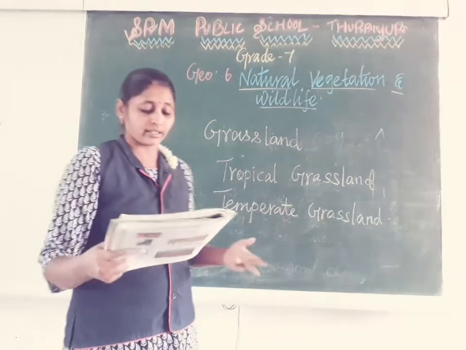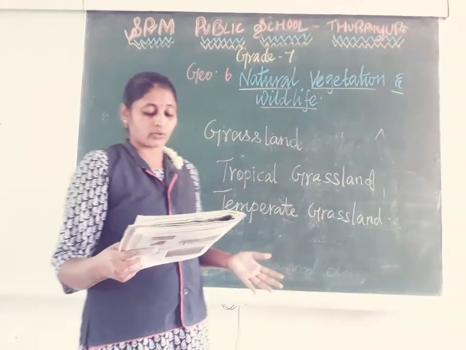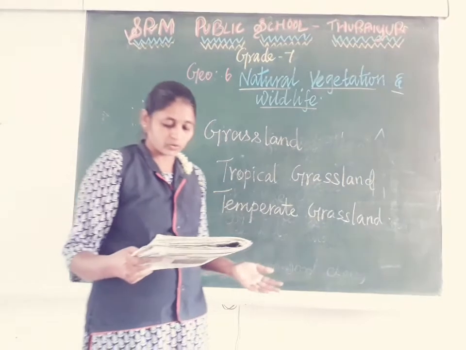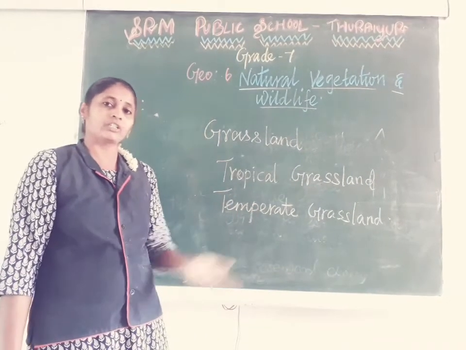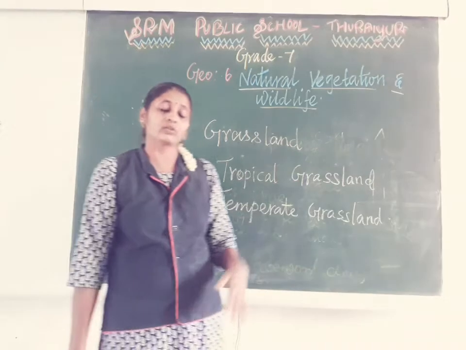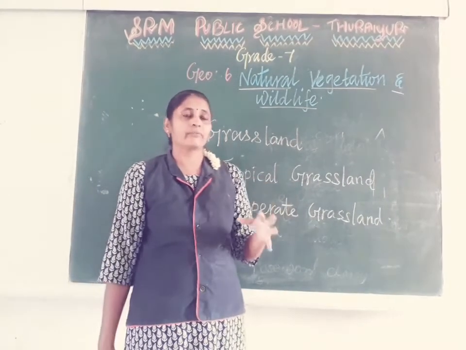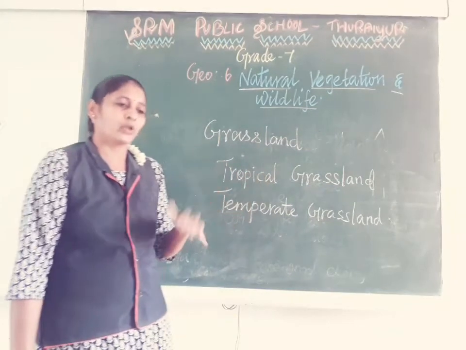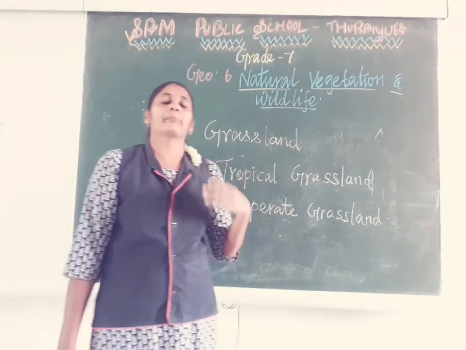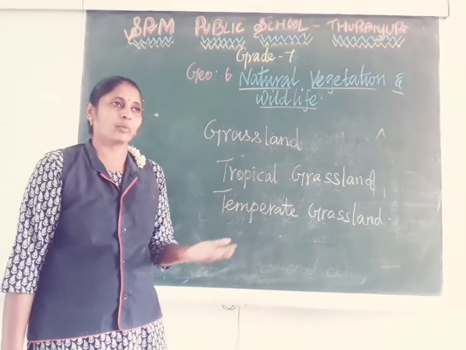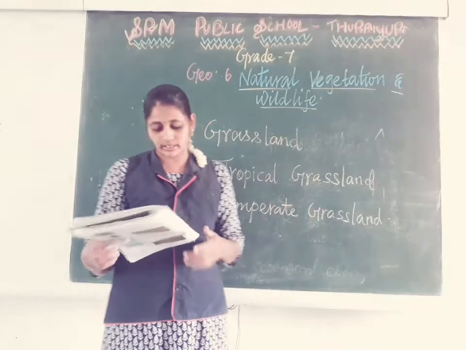These appear on either side of the equator, extending to the tropics. This vegetation grows in areas with a moderate to low amount of rainfall. See, the paddy and the wheat all come under grass. A place with moderate rainfall is not suitable for growing a maximum amount of trees, thus this place is occupied by grassland.